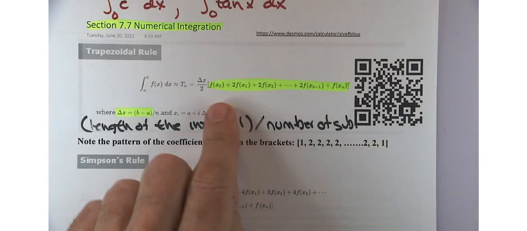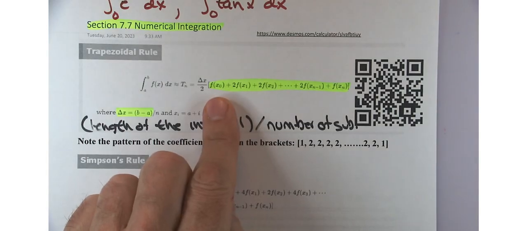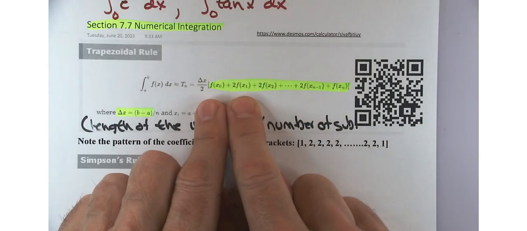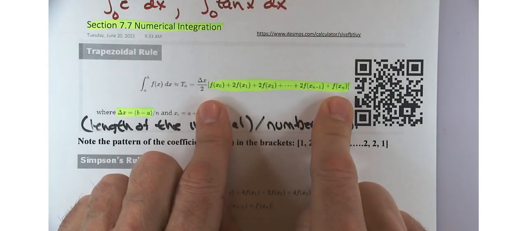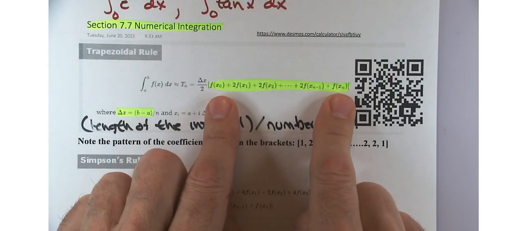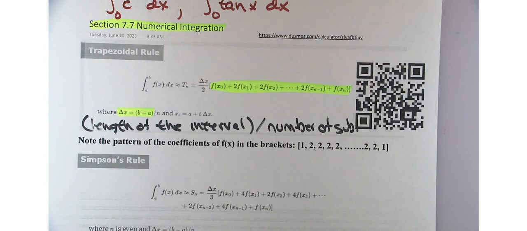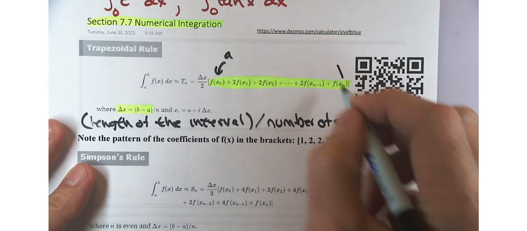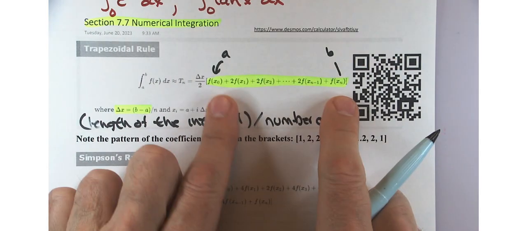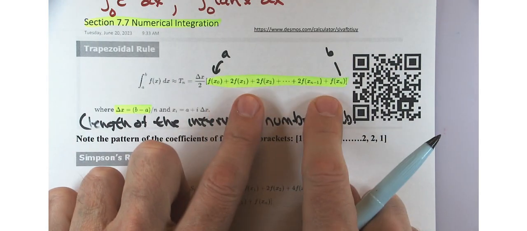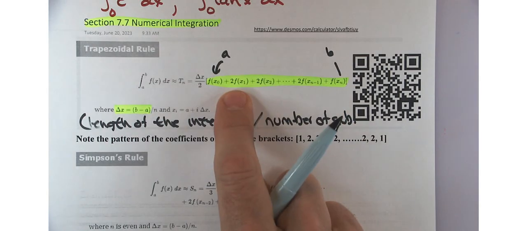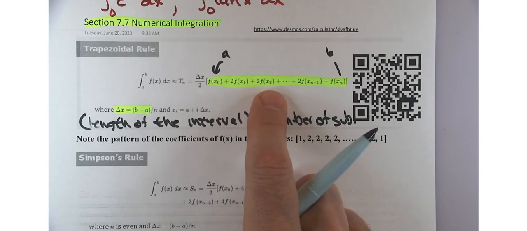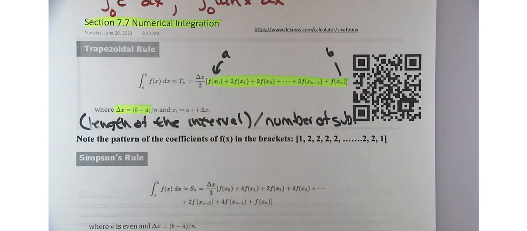Now the important part to notice is that you're going to be evaluating the function at all these points, but other than the endpoints, x sub 0, that's your a, and x sub n, that's your b, all these other points get multiplied by 2. That is, the function gets multiplied by 2 when you evaluate those. So, okay, let's see how that looks.